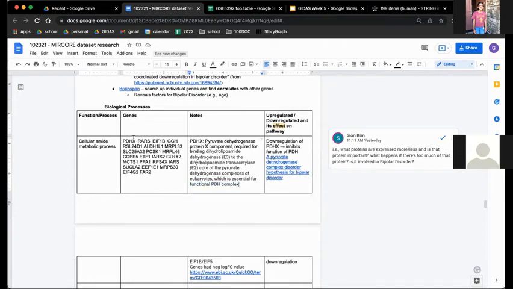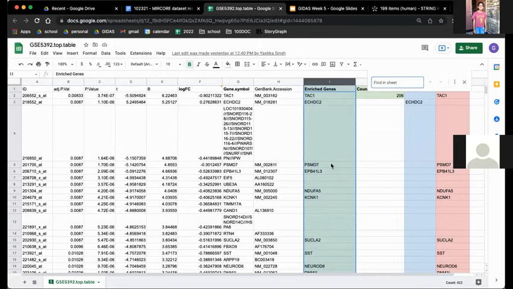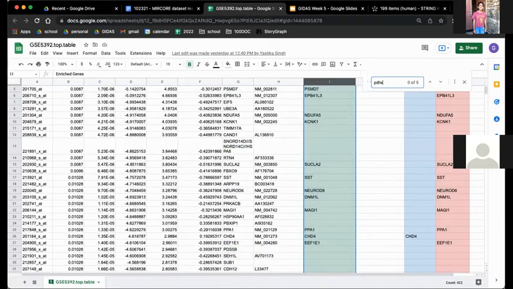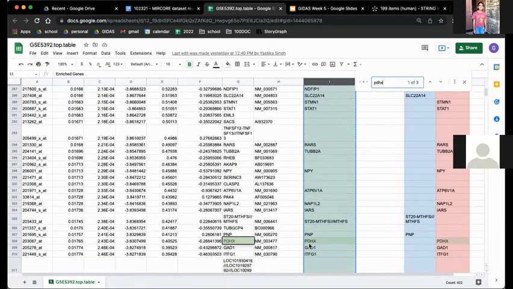According to the table, if I search PDHX, that was this column, and the log FC for that was negative. So that means it was downregulated compared to the control group.